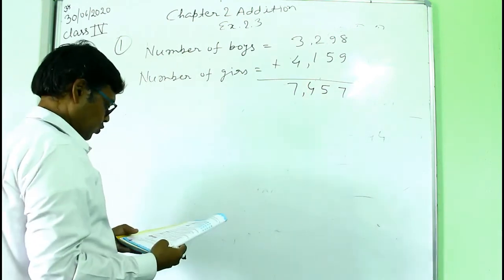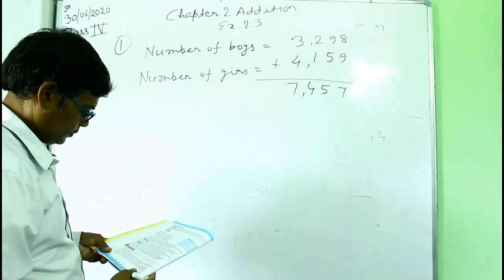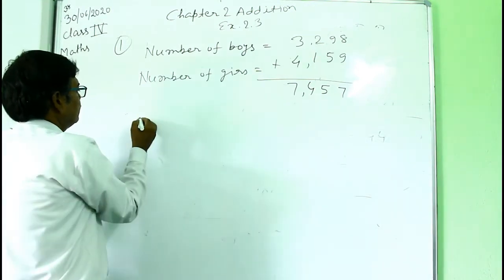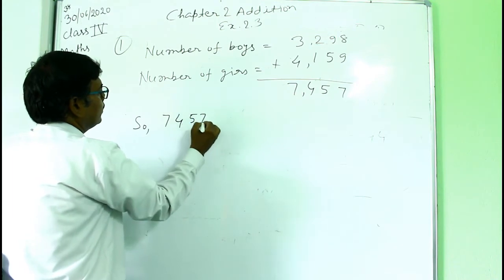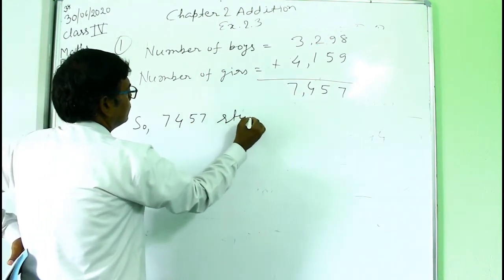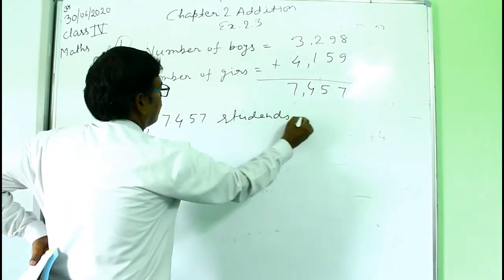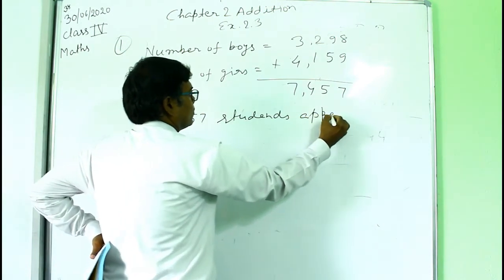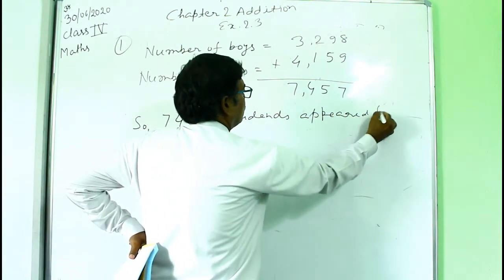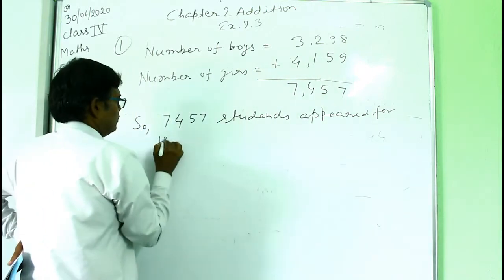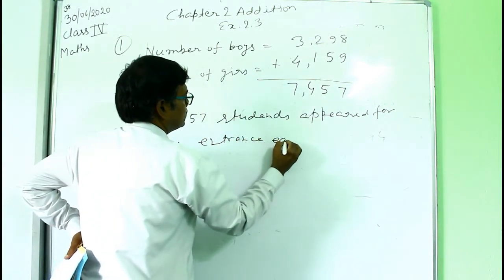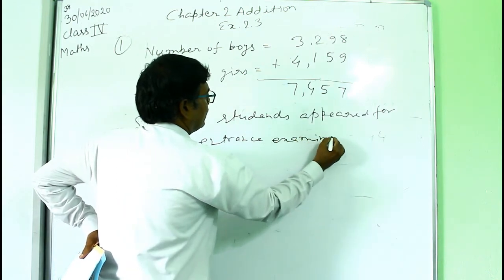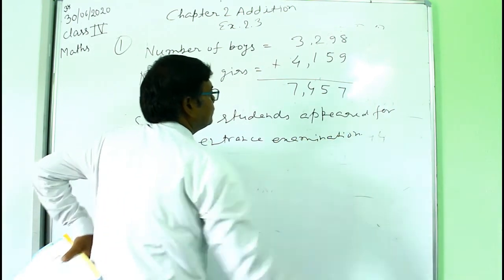So you will write that 7,457 students appeared for the entrance examination.